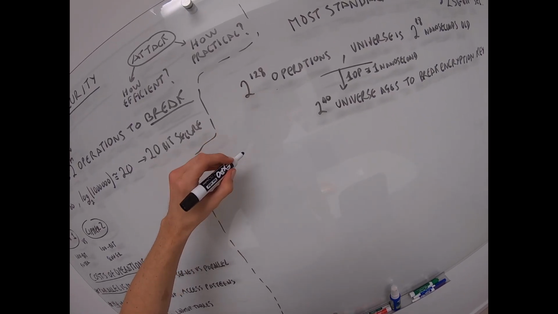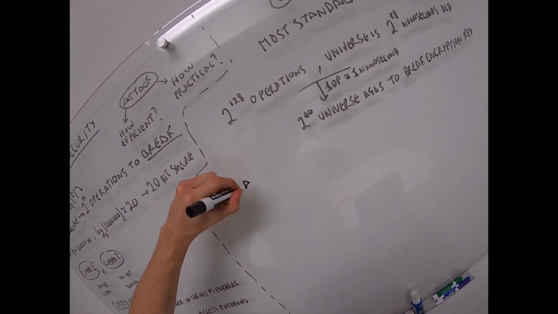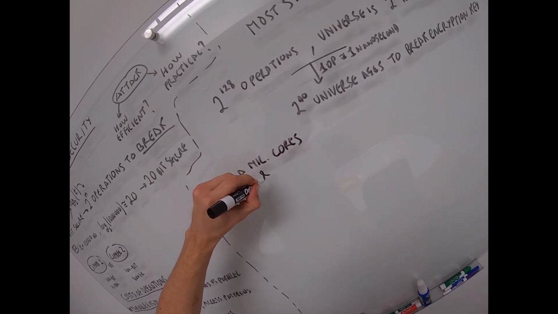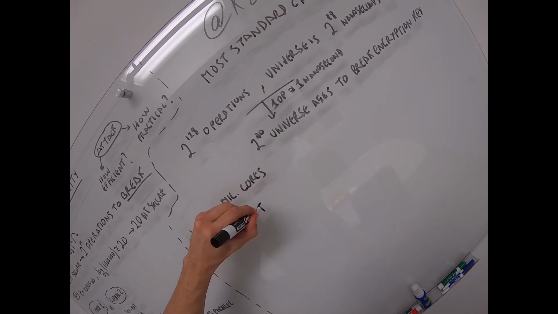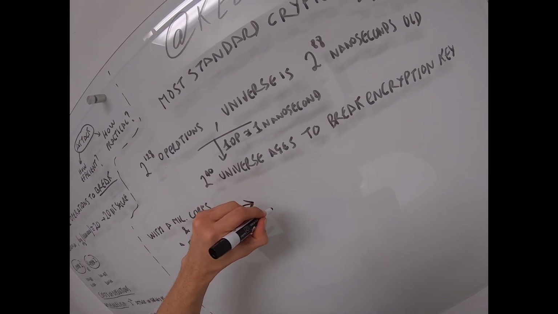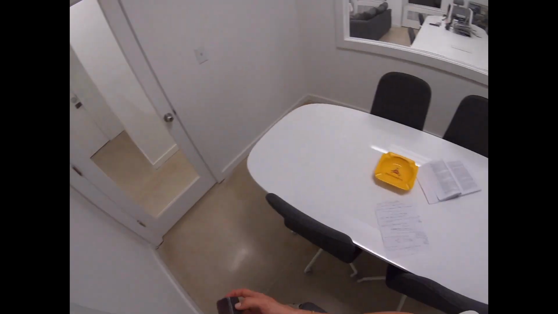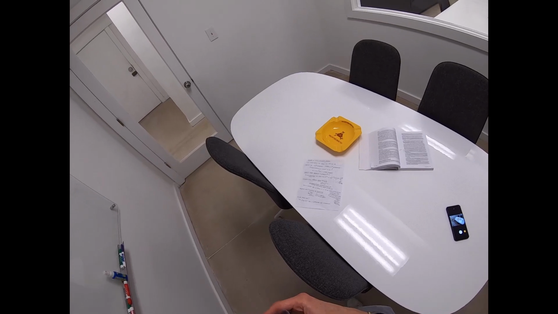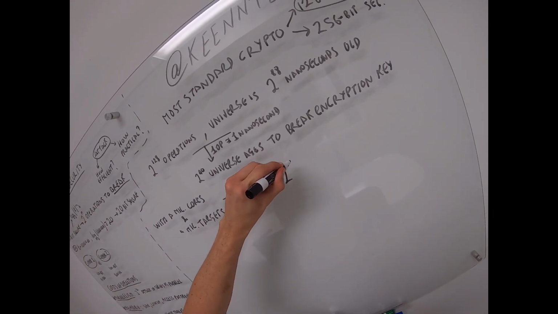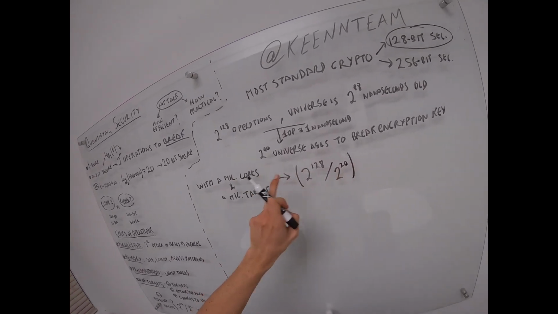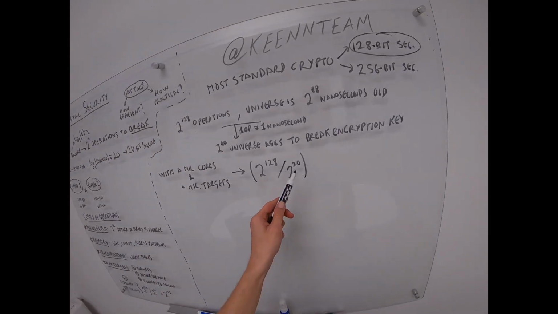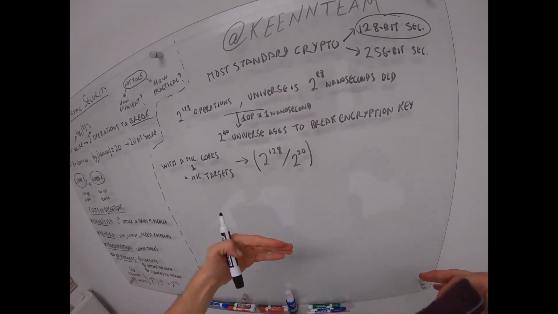So with 1,000,000 cores and 1,000,000 targets, I'm just going to have 2 to the 128 divided by 2 to the 20, so 1,000,000 processor cores, which reduces the cost through parallelism. It makes us quicker because we can try many keys at once instead of one by one.